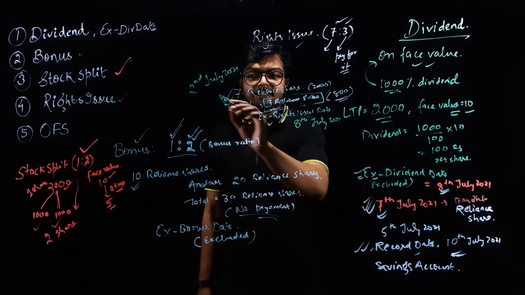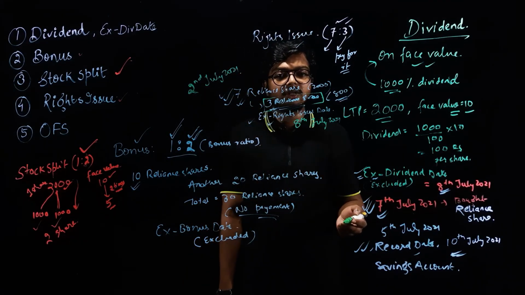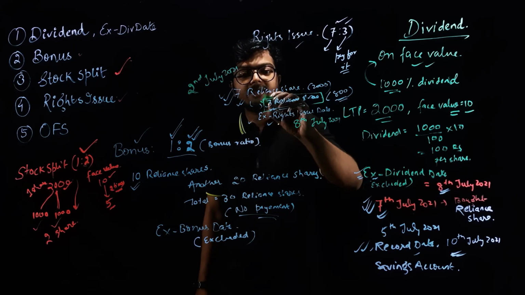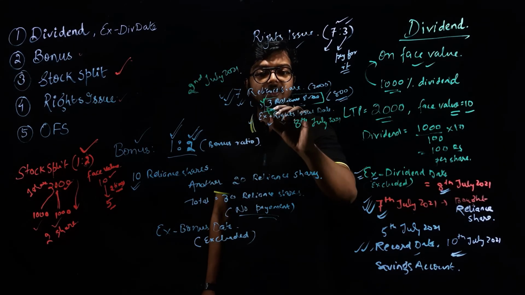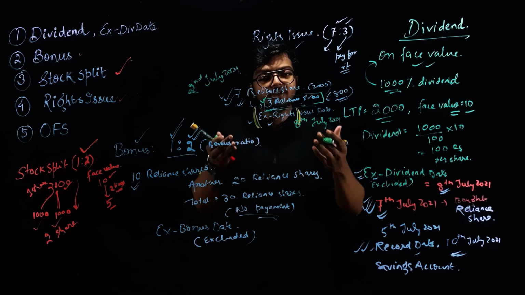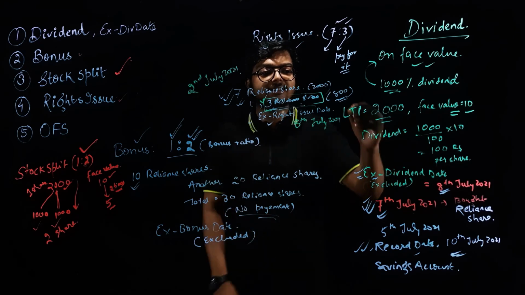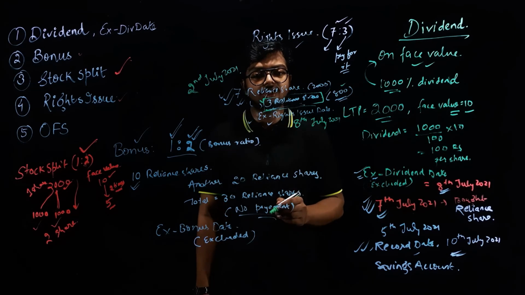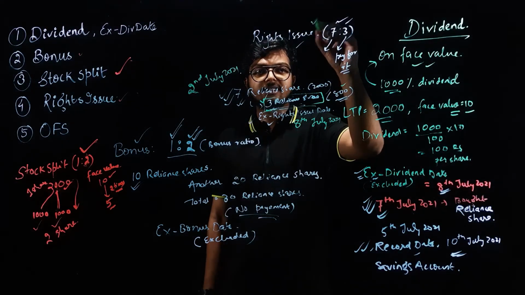Now in this period from 2nd July to 7th July you can actually trade these 3 shares. Now you would be eligible to get these 3 shares. So either you can accept it or you can trade it so that someone else accepts these 3 shares. So trading is also available for this rights issue option.